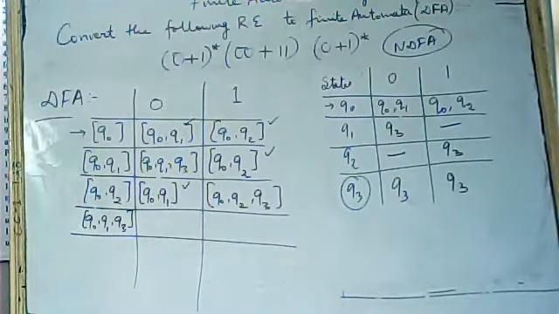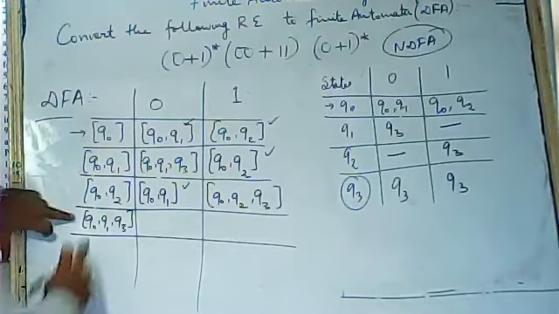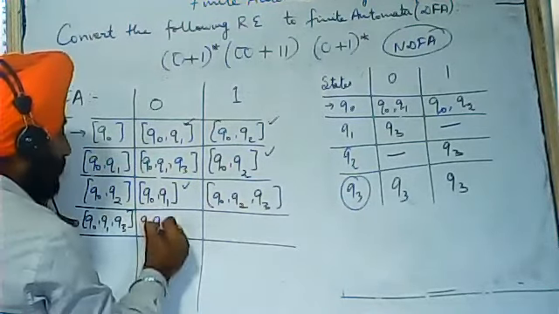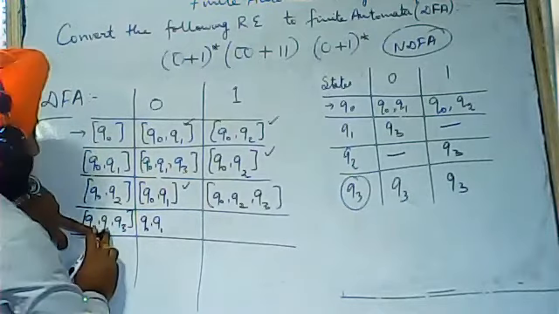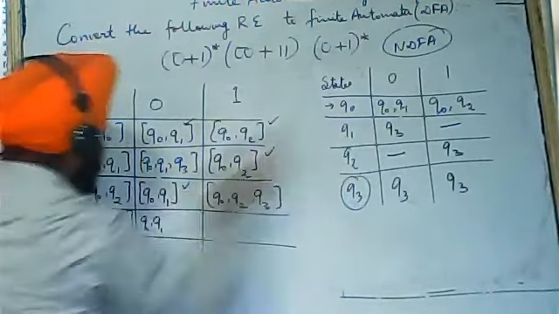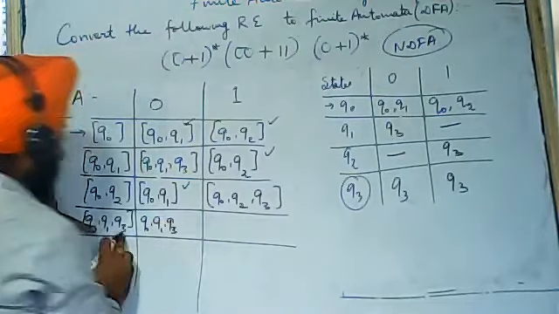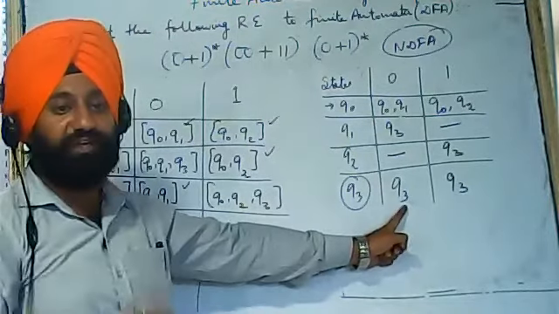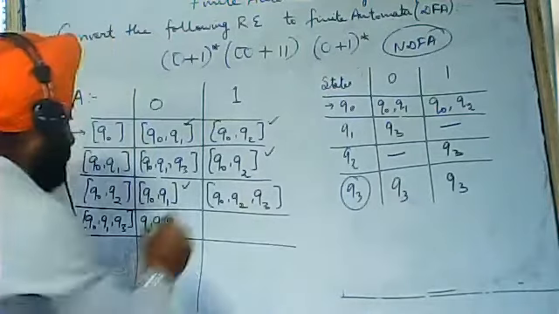So q0, q1, q3: q0 upon the processing of 0 is q0, q1, q1 upon the processing of 0 is q3, and q3 upon the processing of 0 is again q3. So no need to repeat it.